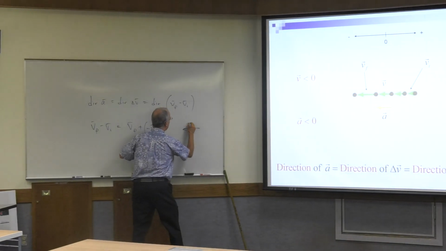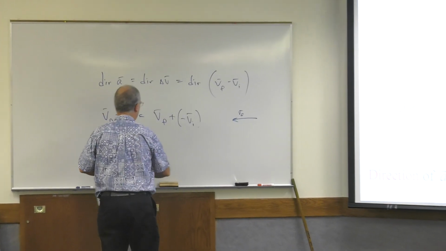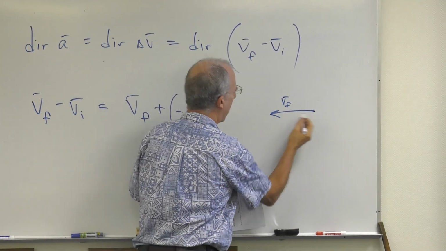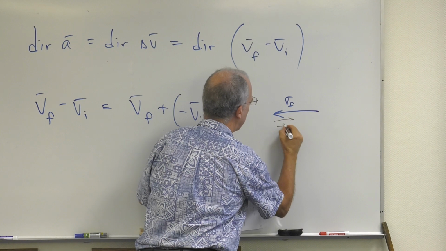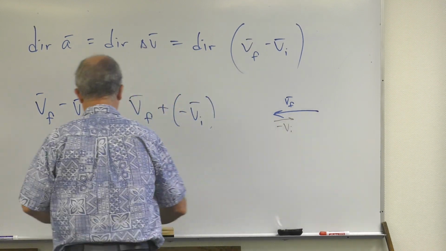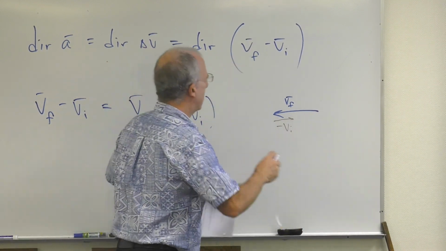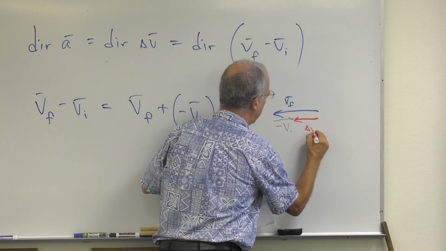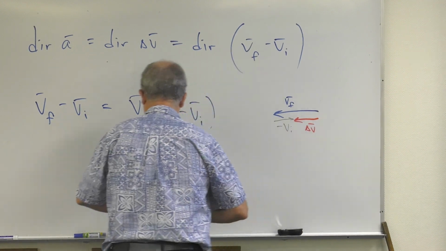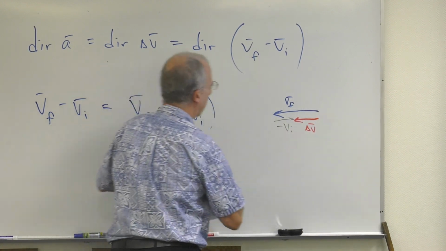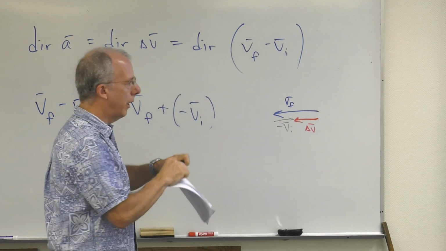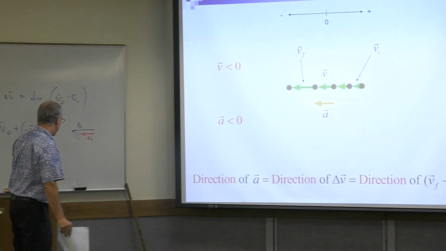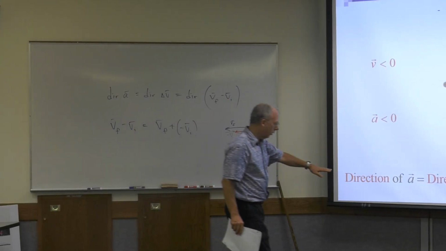And then minus v initial, that short guy that way. Again, I'm not going to draw on top of it. That's minus v initial. So same thing, right? So you go from the beginning to the end. So there is delta v, which points to the left. So there you go. So you're going to see soon enough that we'll use this quite a lot.